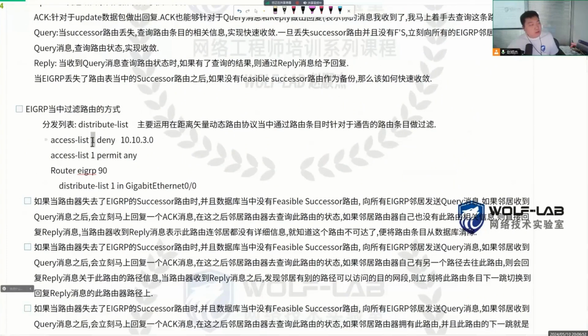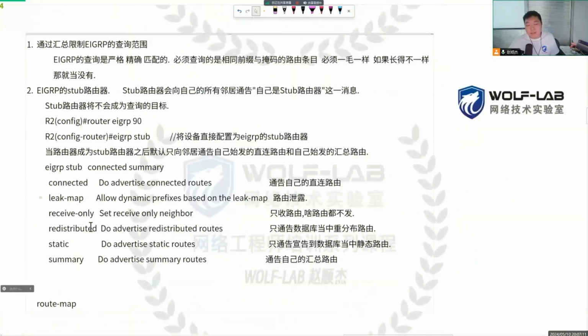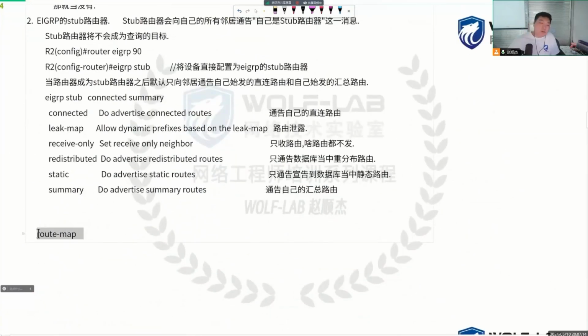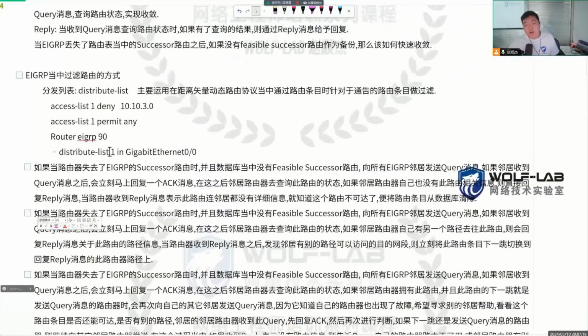But in our upcoming studies, we'll find that distribution lists can also interact with route maps. Route maps can be used to manipulate operations on tools we will learn about in the future, like the prefix list. Our distribution lists are primarily for routing entry filtering. That's the sole function of our distribution lists.